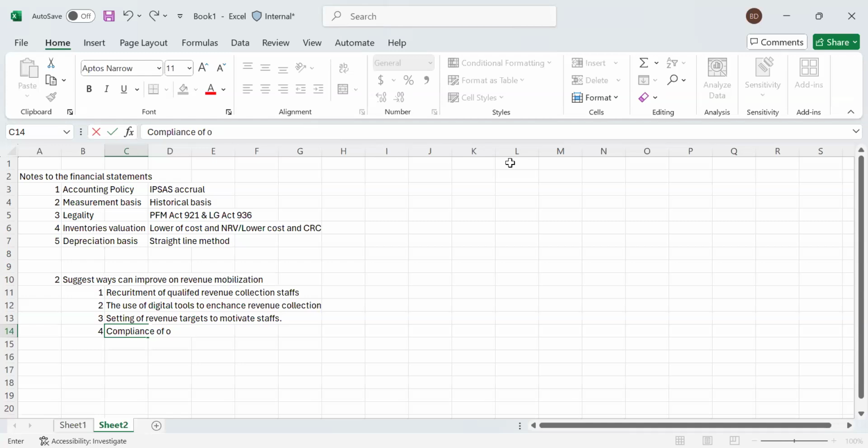Yeah, compliance of the revenue collection. Like there should be some kind of enforcement. I don't agree with that one. No. Compliance of what? Okay, let's just leave it as the compliance.